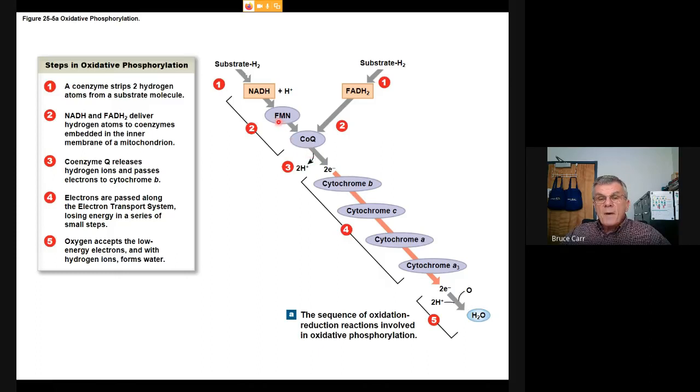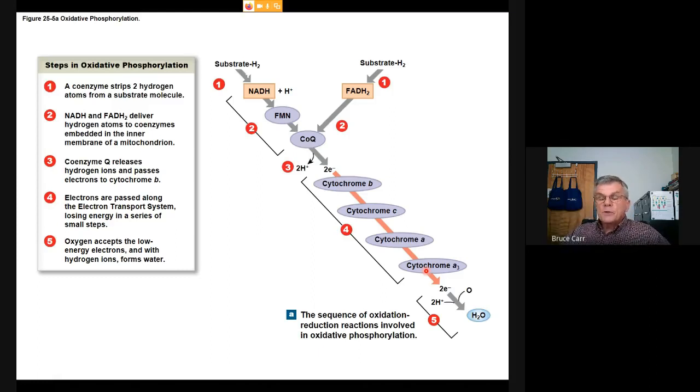Now, if you go back to the idea of a stairway, when you contribute the electrons from NADH from FMN to coenzyme Q, you transfer those. They release energy. Now, there's energy released as you contribute a pair of electrons to cytochrome B, cytochrome C, cytochrome A, and cytochrome A3, just like walking down a stairway.